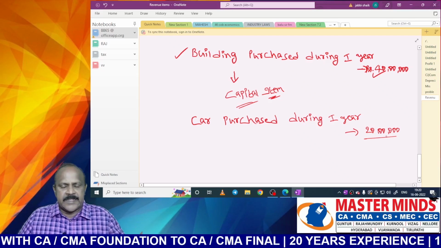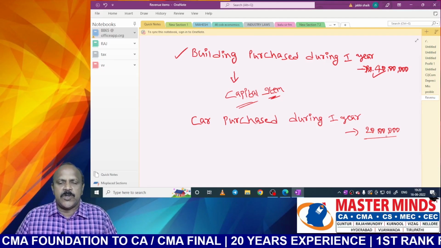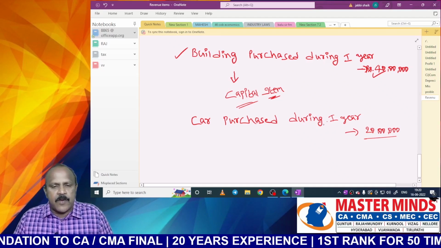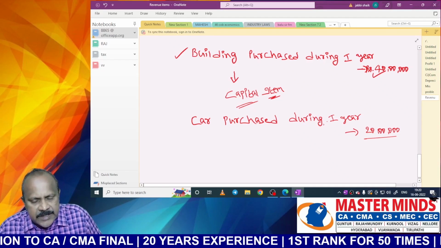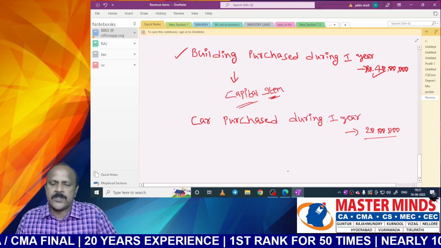And car is an asset, of course a fixed asset to the organization, and is shown on the asset side of the first year's balance sheet. Should it be confined to first year itself, students? No. It should be carried forward to the next years.